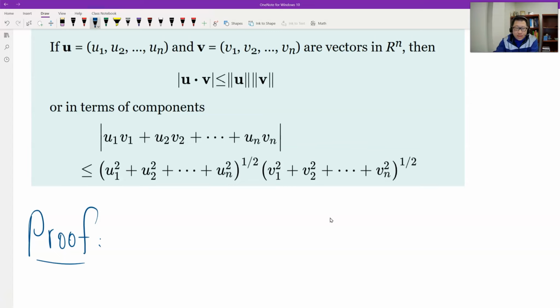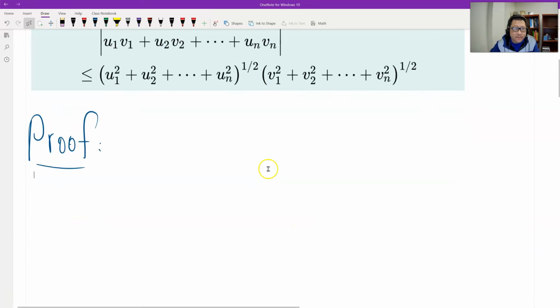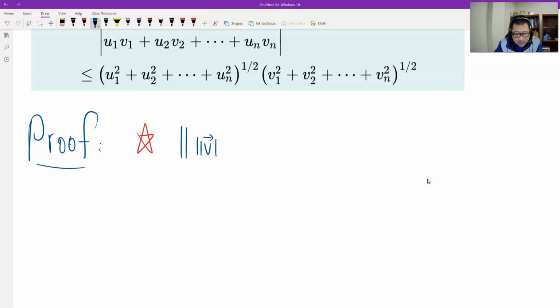To prove Cauchy-Schwarz, all we need is this one. Let's define it. We need this important result, which is up here: the norm of v squared times u.